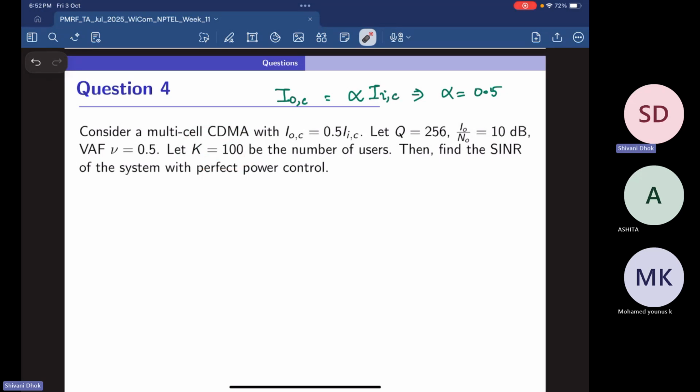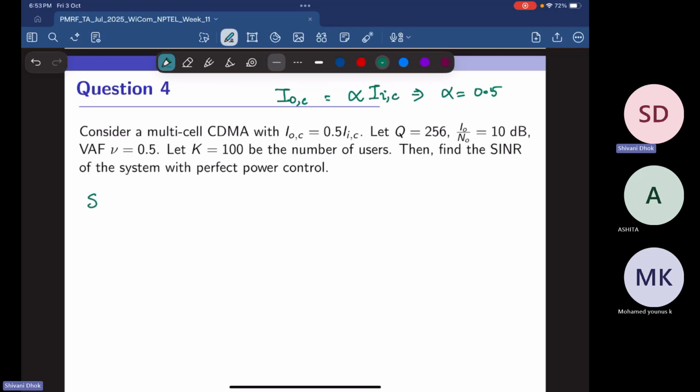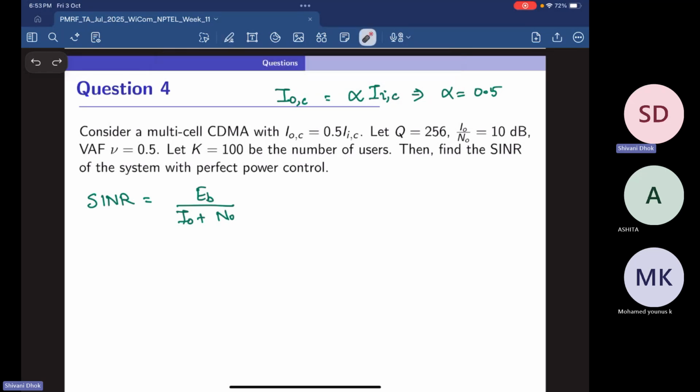Then what we need to do is find the SINR of the system when we have perfect power control. So SINR, how is it given? By definition, it is given by Eb, that is your signal power, divided by I0 plus N0. So this is signal upon your interference, that is your I0, and then you have your N0, which is your noise power.